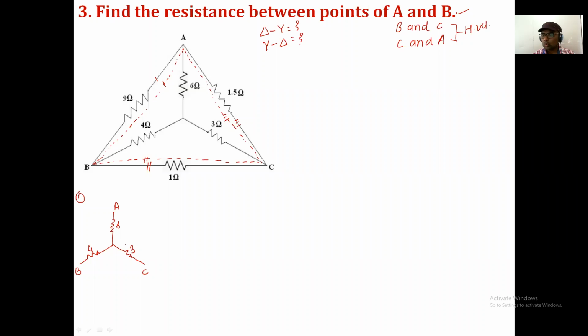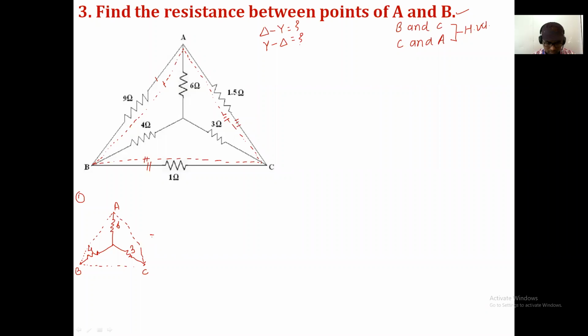And now we need to convert it into the equivalent delta diagram. आता ती डेल्टा डायग्राम कशी असणार, तर मी त्याच्यासाठी डॉटेड लाईन या स्टारच्या बाहेर काढतो. ज्यावेळेस डेल्टाचं स्टार मध्ये करतो त्यावेळेस आपण इनसाइड स्टार तयार करतोय, आणि स्टारचं डेल्टा करताना आउटसाइड डेल्टा तयार होतोय, तेवढाच एक ऑप्शन आहे.